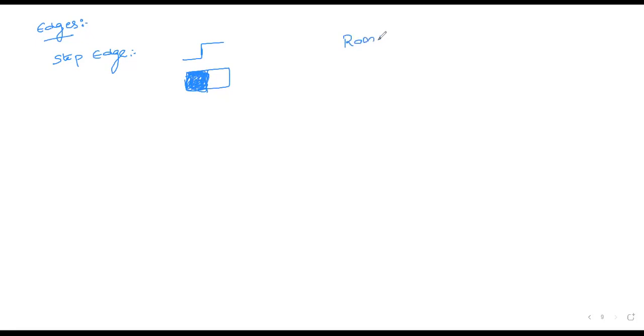Next, ramp edge. Ramp edge means it looks like this. In an image, how is it possible? See, entire black: 0 means we said entire black.